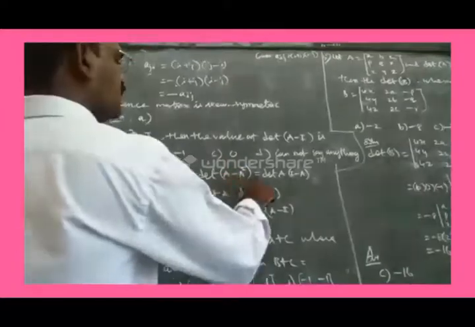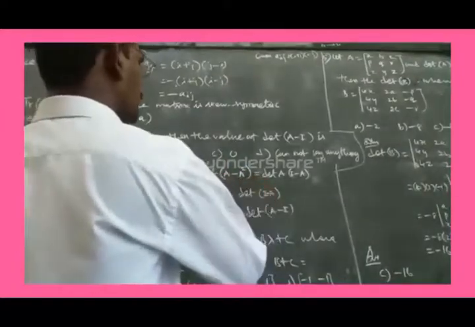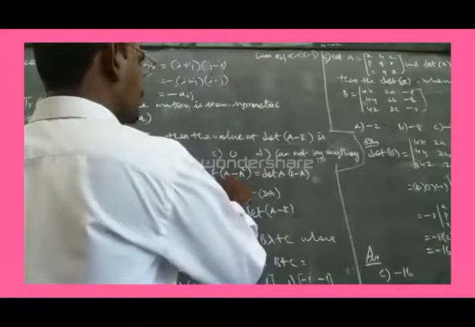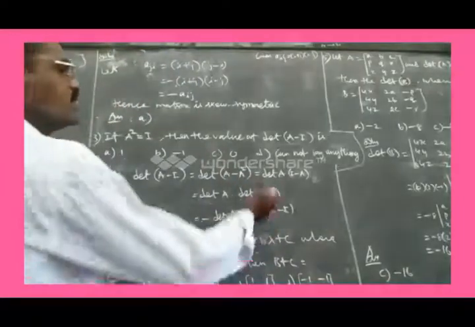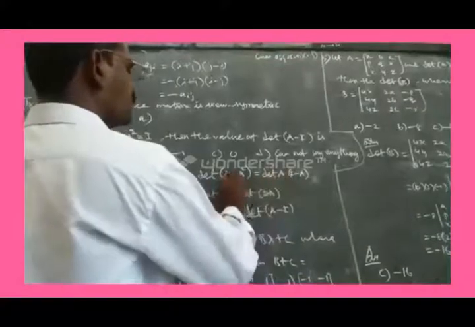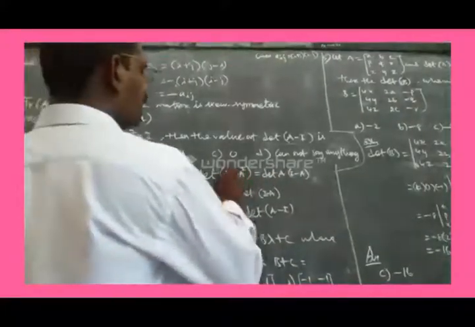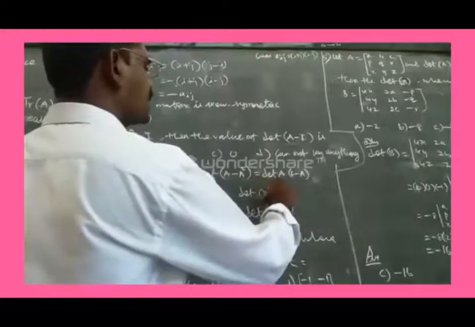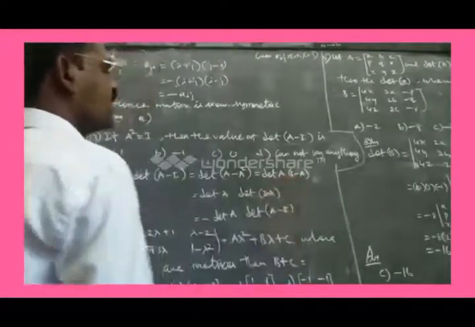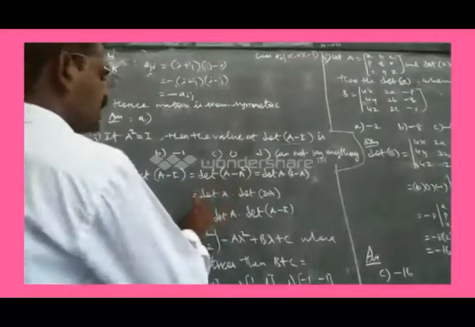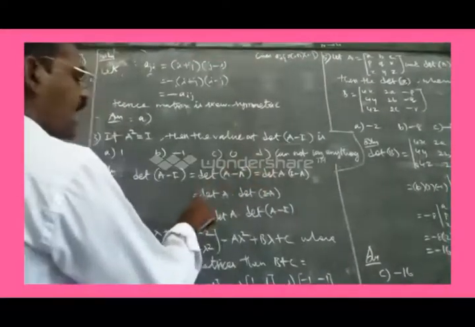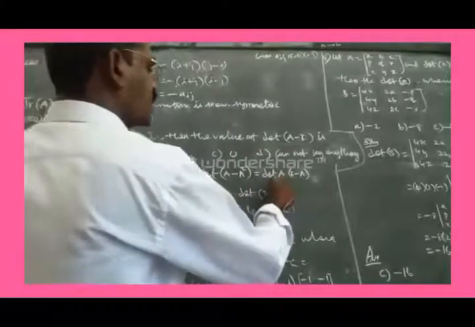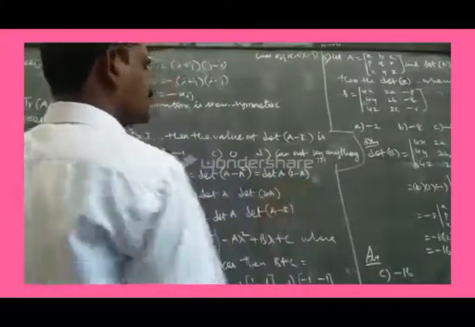Then determinant of A minus A square equal to determinant of A. So taking minus A from A minus A square, we get determinant of A into (I minus A). So I minus A and then determinant of A into (I minus A).